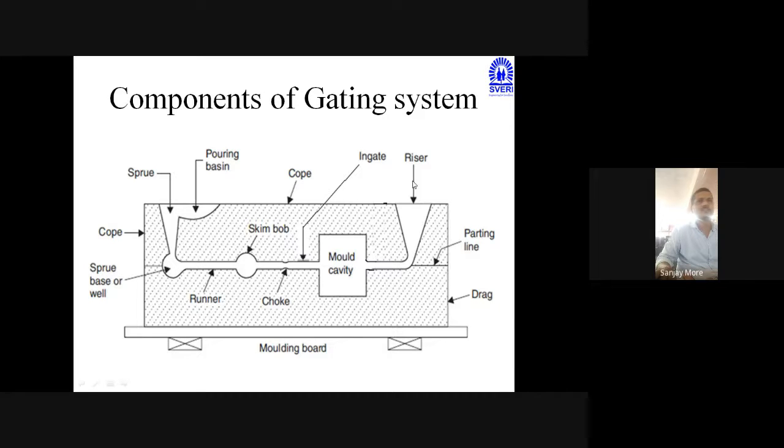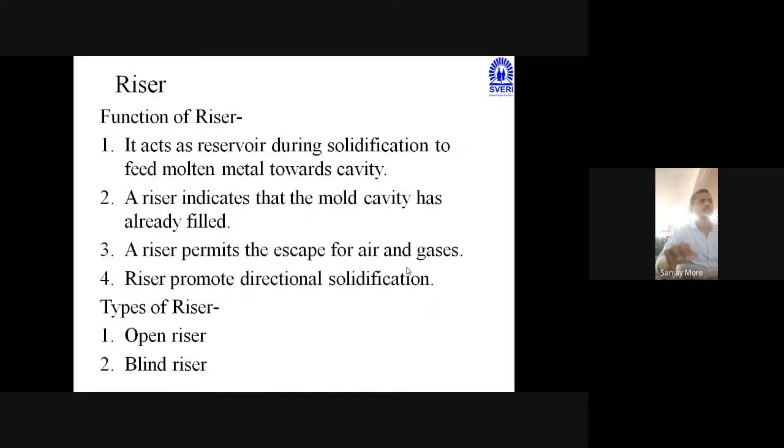So the riser is used as an escape for the removal of oxide gases or fumes.